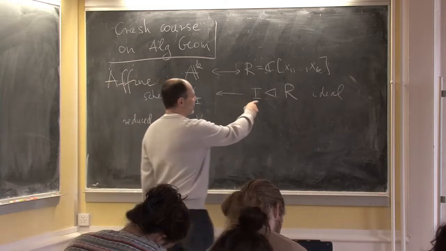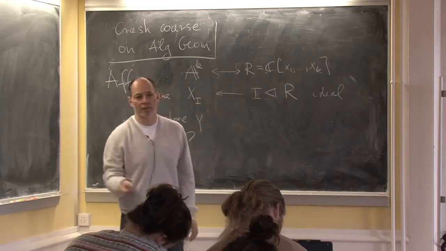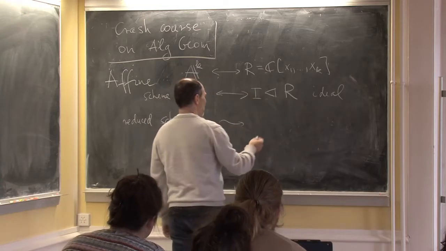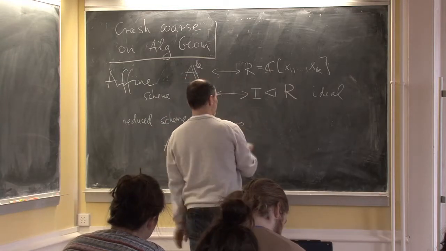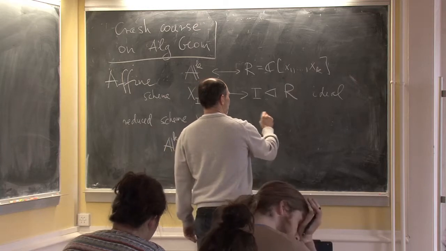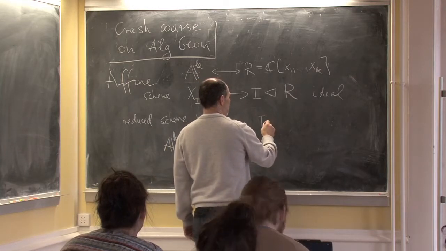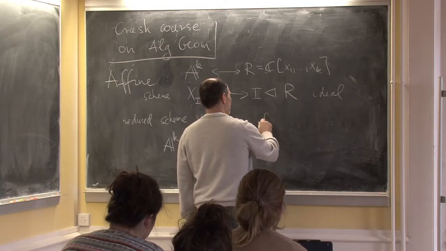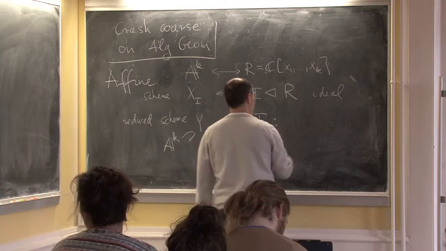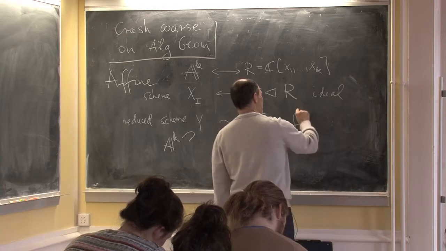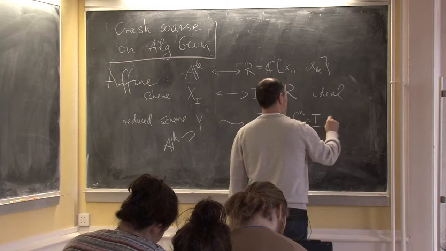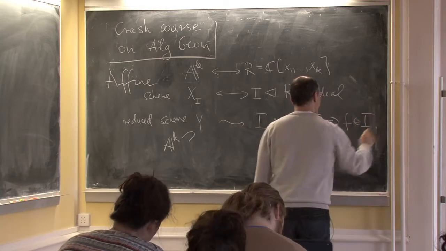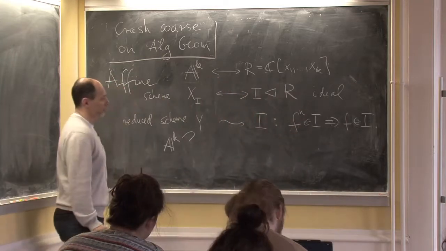And then we need to take specific ideals, and the condition is kind of obvious. This is a bijection if we look at what are called reduced ideals. So we put in the condition: an ideal satisfying the following property, that f to the power n is in I implies f is in I. Okay, so that's the reduced condition.